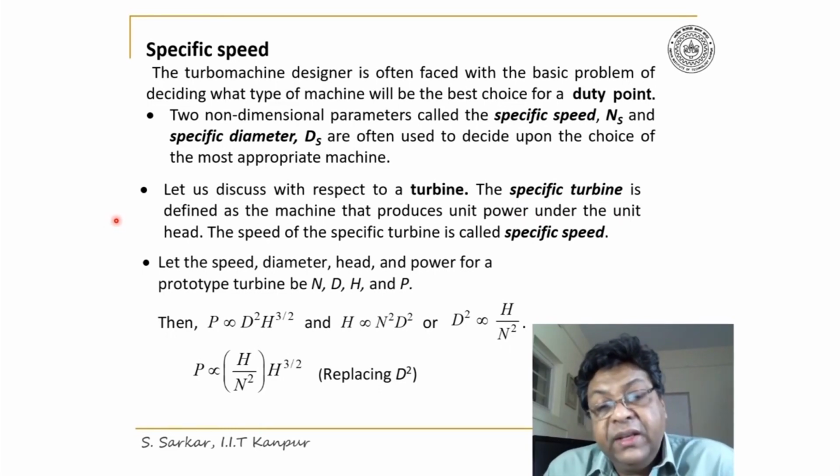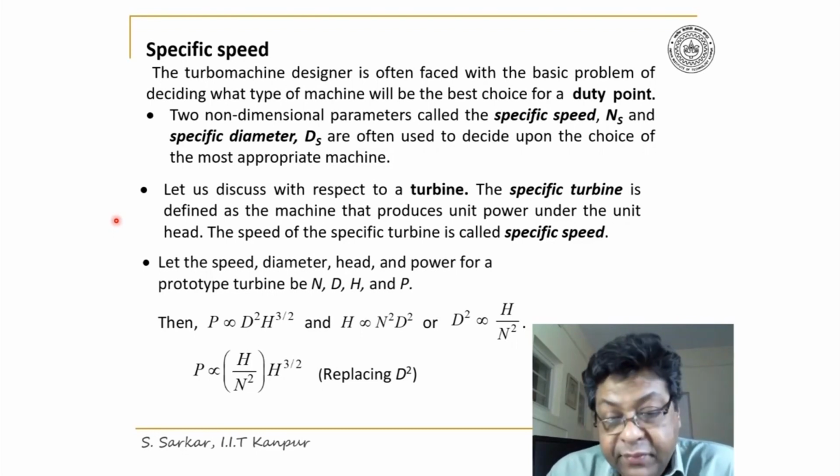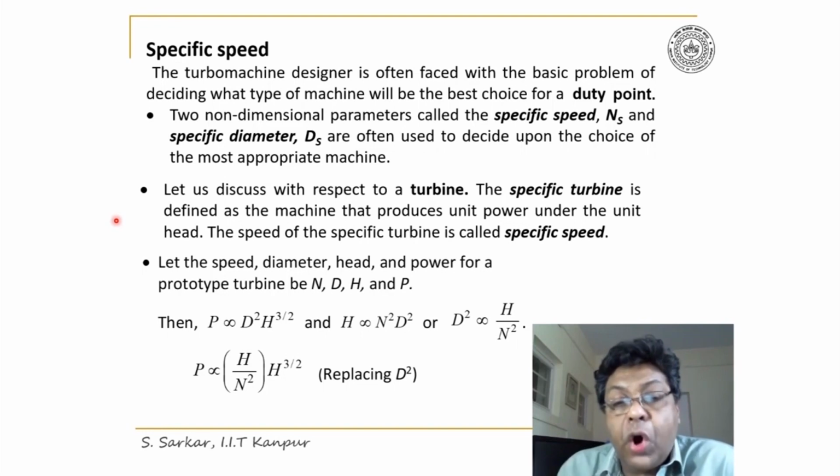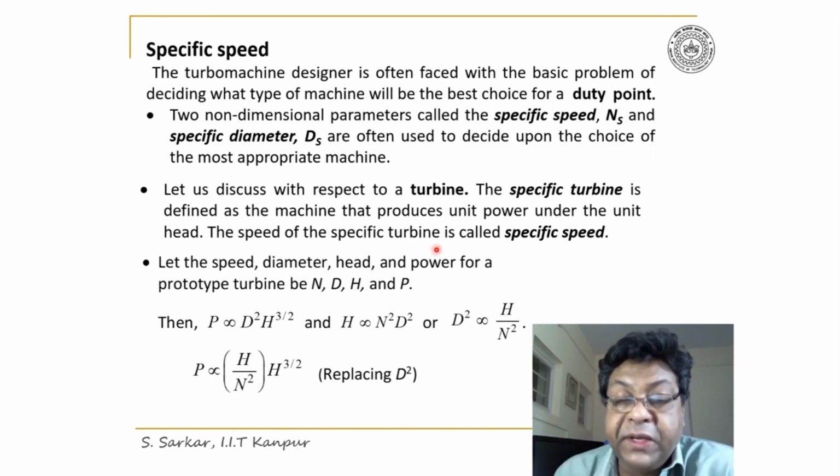With respect to these, the specific turbine is defined as the machine that produces unit power under unit head. And the speed of the specific turbine is called the specific speed.